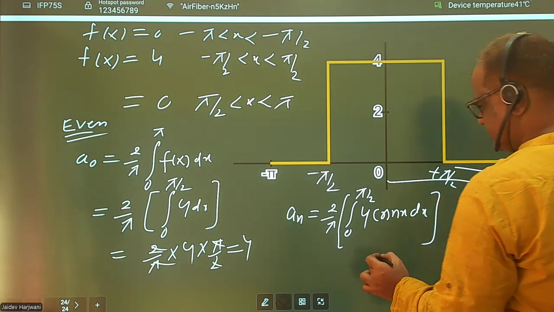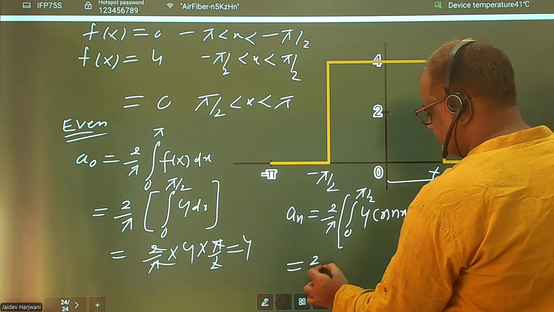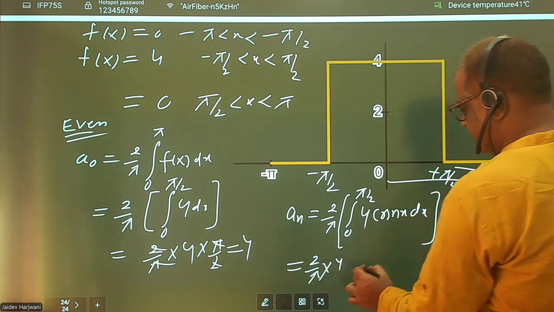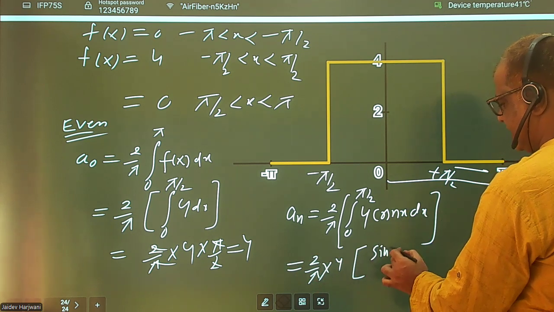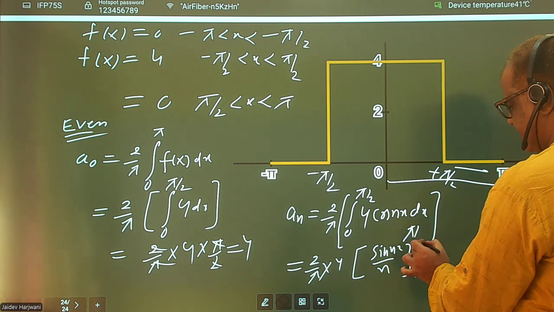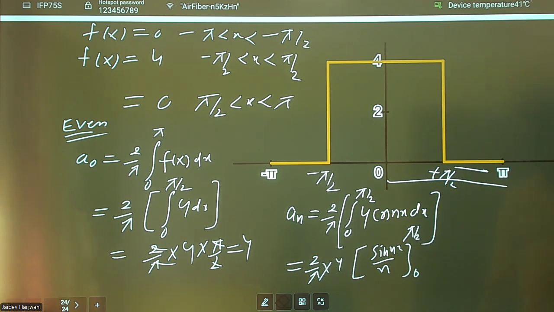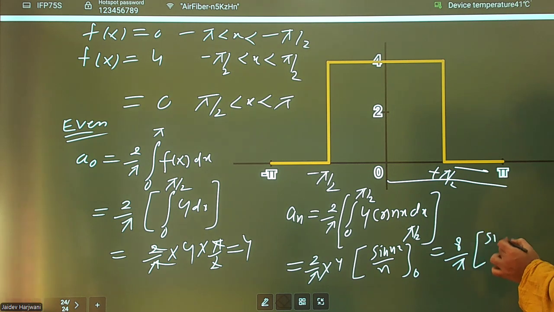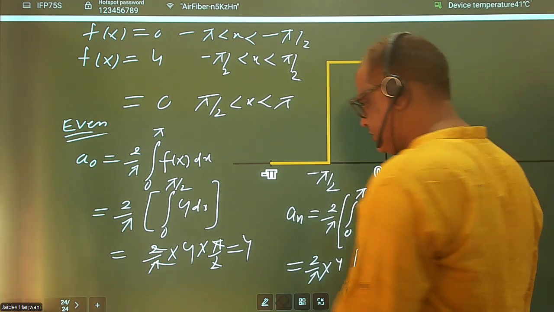Now if I solve this, it gives me 2 upon pi into 4 into sine nx upon n, from 0 to pi by 2. So this value becomes 8 upon pi, sine n pi by 2 upon n.